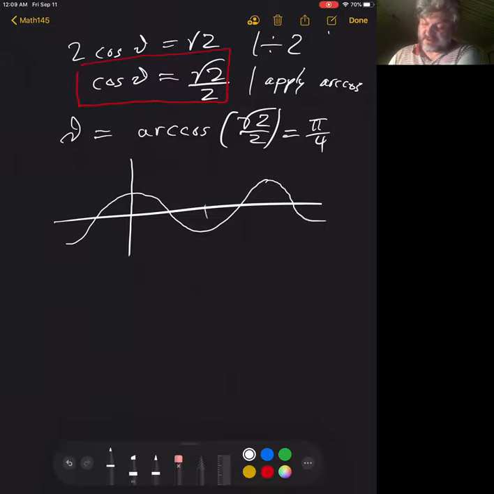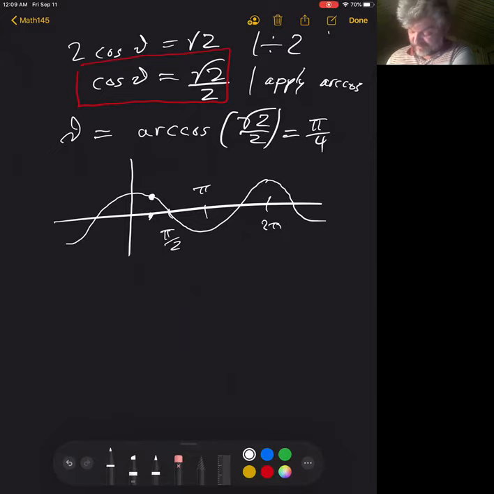So at pi, it's -1. At 2 pi, it's back to 1. This is pi over 2. And we have this one solution when theta is pi over 4, right here. And the cosine of theta is square root 2 over 2. So we're looking for other theta values where the cosine value is the same.